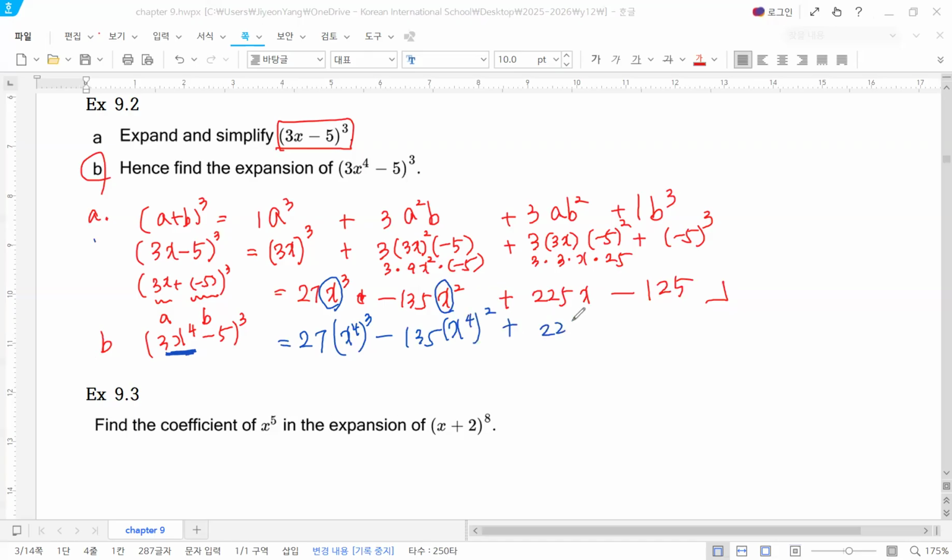Plus 225, instead of x, x to the power of 4, and then minus 125. Therefore, 27x to the power of, what is the power? 12 minus 135, and then students, x to the power of 8. Then 225x to the power of 4 minus 125.